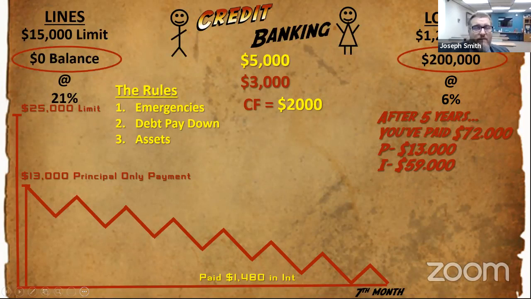80% or more, 85, 86% of your payment is going towards the interest. And a very small portion of that is actually going to pay down the principal. Over time, you will end up increasing the amount that you pay towards the principal, but that's going to be 222 months into it. That's over 21 years before that happens.